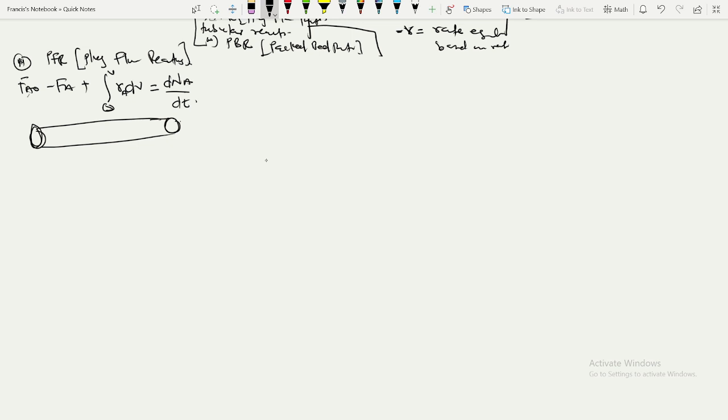Because the reactants mix very well. But now with the plug flow reactors, the rate in the reactor differs, right? So now we are going to choose a very small volume that will make the rate not change.